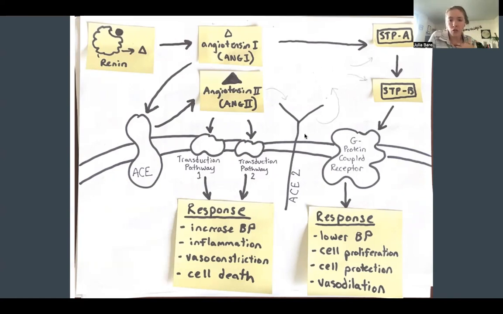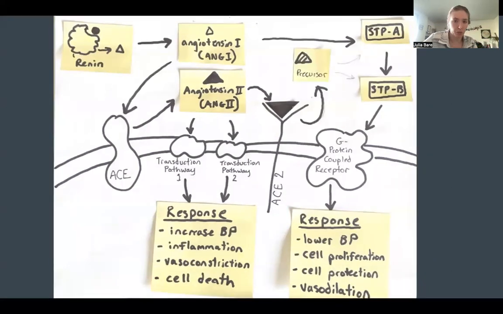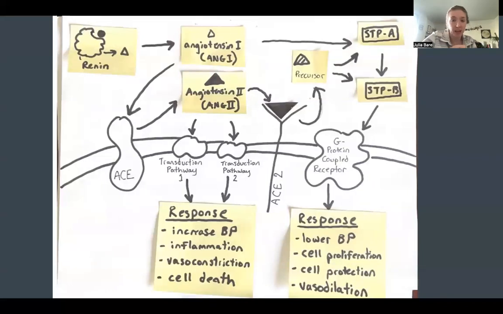Now, where does ACE2 come into all of this? Where does the ACE2 receptor get involved? Well, angiotensin 2 gets attached to the ACE2 receptor. And the ACE2 receptor then creates a precursor molecule that emphasizes STPA and STPB.